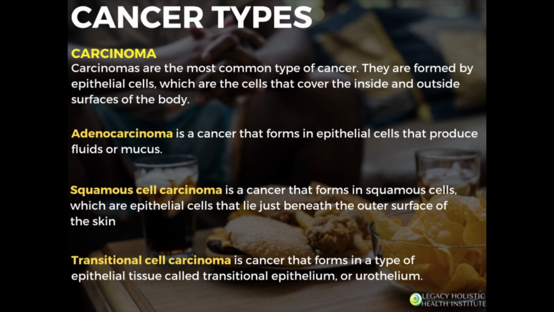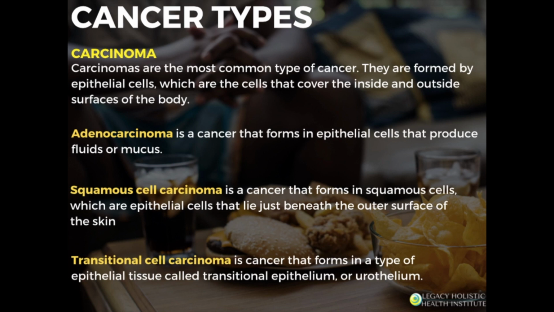So, carcinoma is the most common type of cancer. This is formed by epithelial cells, which are the cells that cover the inside and outside surfaces of the body. There are many types of epithelial cells, which often have a column-like shape when viewed under a microscope.